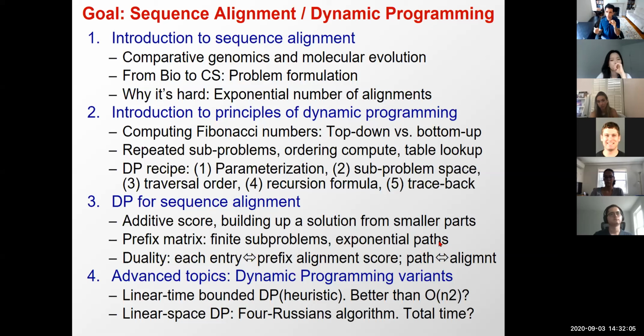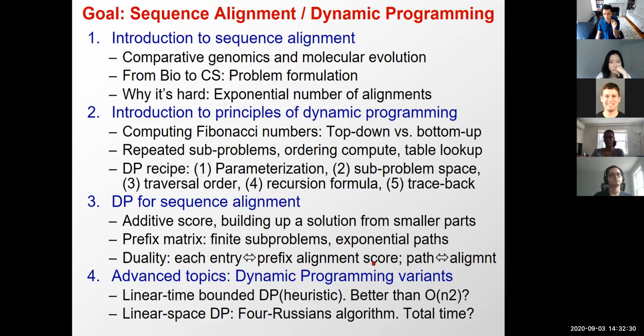And when we got to the bottom right, we traced back to construct a path that gave us that optimal score. One of the paths that gives us this optimal score, and there might be multiple paths that give us this optimal score. And then there are multiple optimal alignments. So every path corresponds one-to-one to an alignment. And when we found an optimal path, we had an optimal alignment. And every entry corresponded to the maximum score for that prefix.